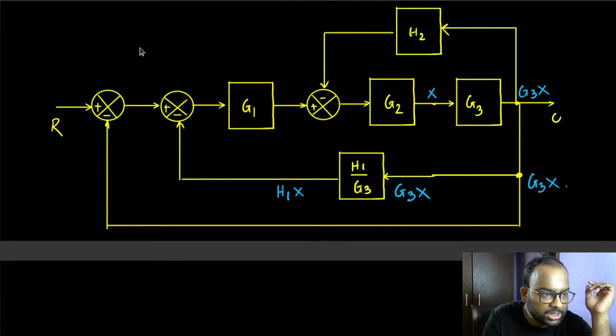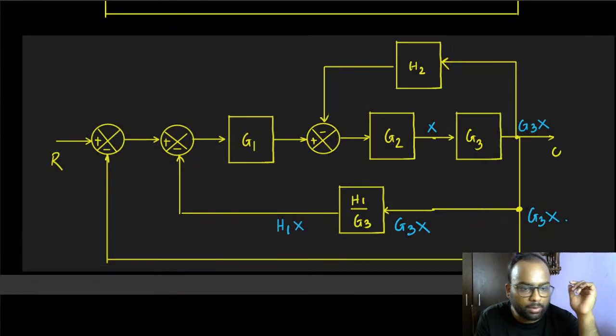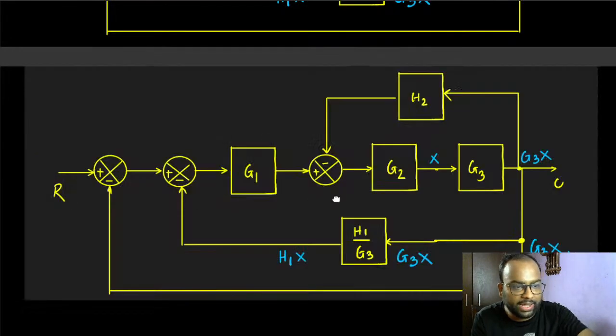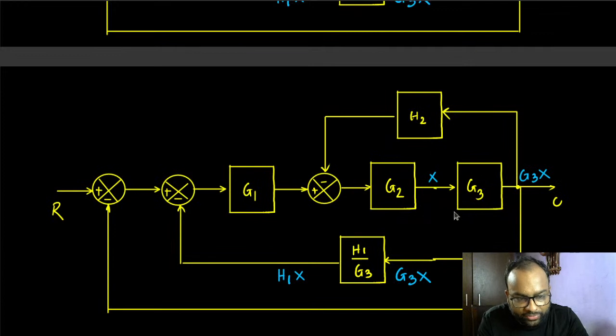Now with this structure, we have an advantage. The problem was that there was a branch point interfering with this cascade structure. Now we can completely get rid of this.